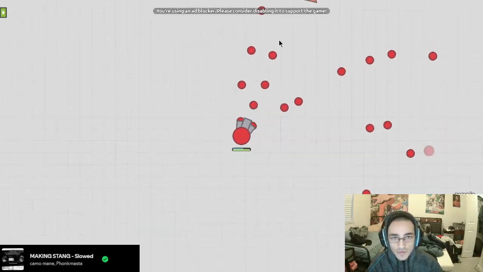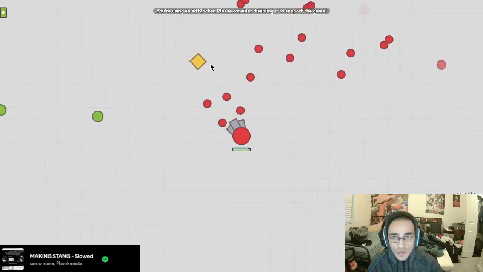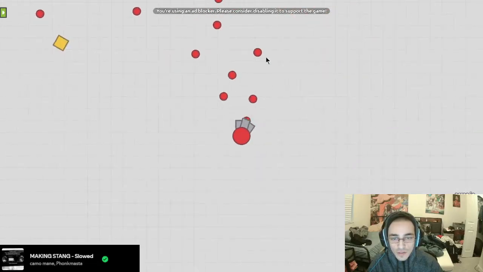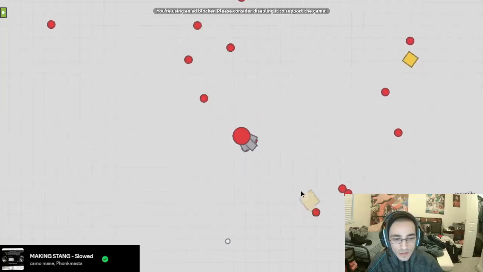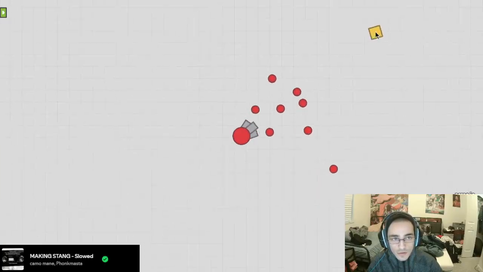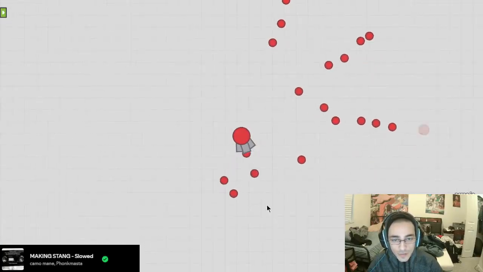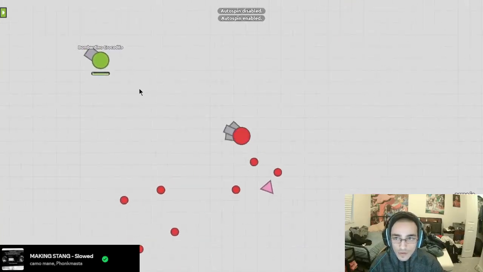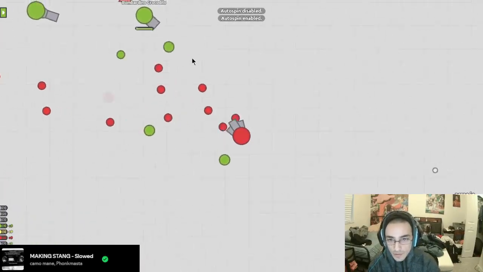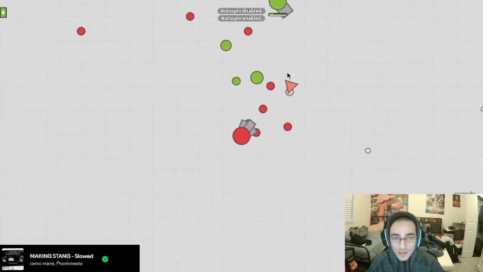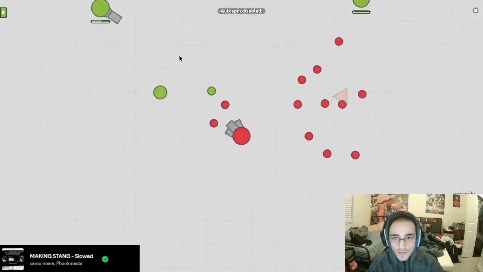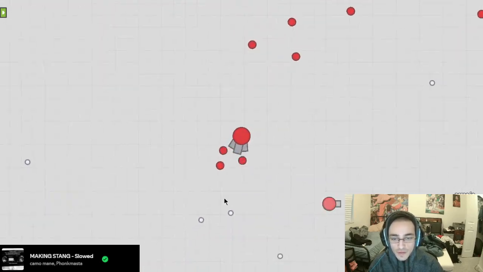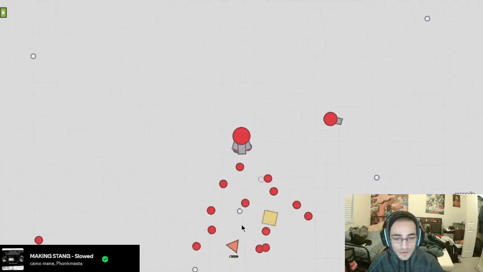Compared to what the range is normally, this is super tiny. Getting all the XP, yeah. Hello there, sir. Oh my, this is green territory. Oh, they're trying to flank me. That's not gonna work. Or is it?